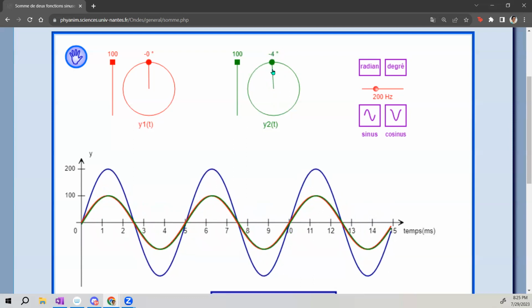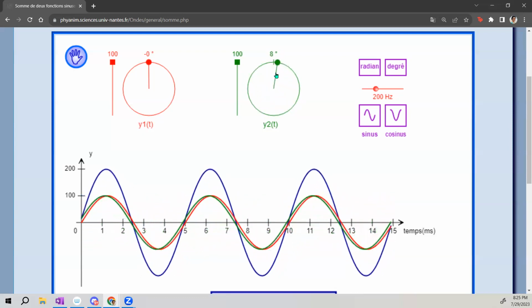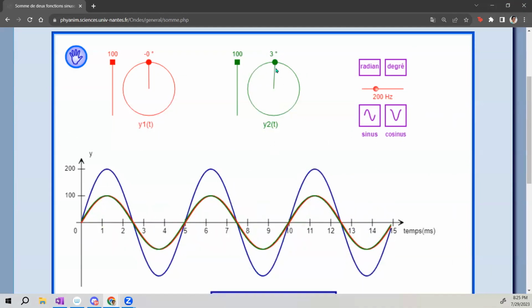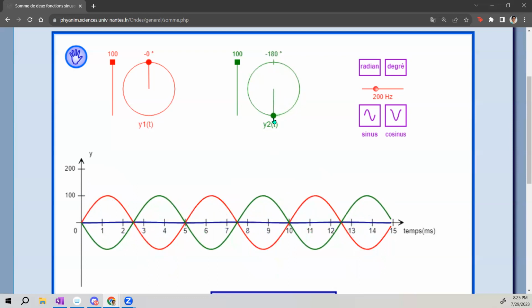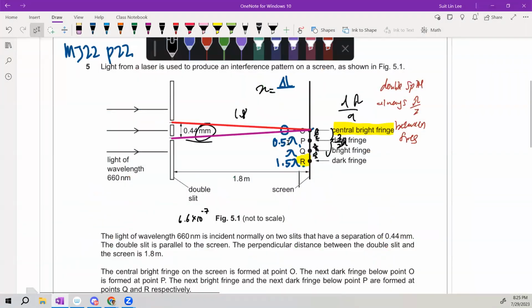You look at the green wave, it has moved one lambda. Constructive. Let's move another half a wavelength, half a cycle. There we go. Now we get destructive again. So this explains why each variation is 0.5 lambda, 1.5 lambda.